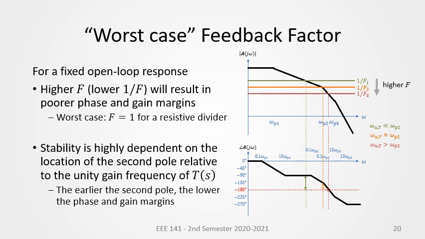For F1, the green one, the second pole occurs after omega u, and we get a phase margin of around 90 degrees. For F3, the red one, the second pole occurs before the unity gain frequency, and we get a poorer phase margin.